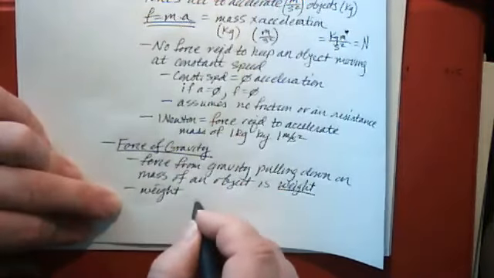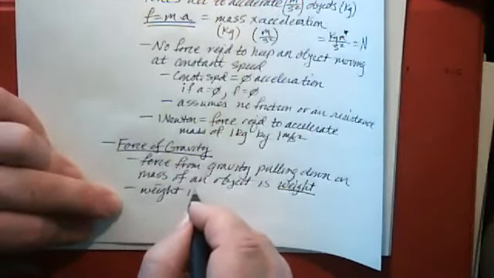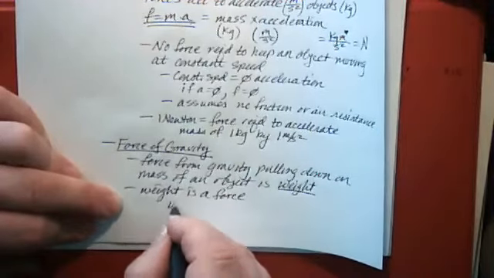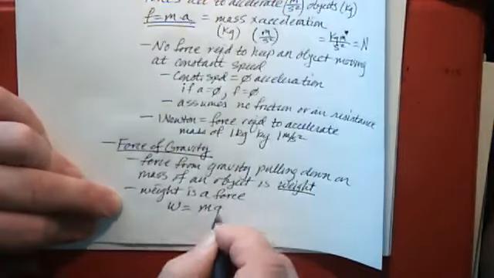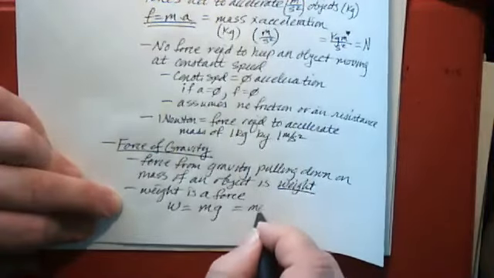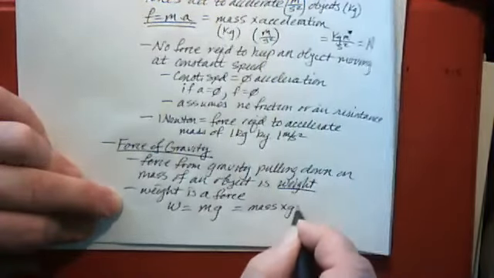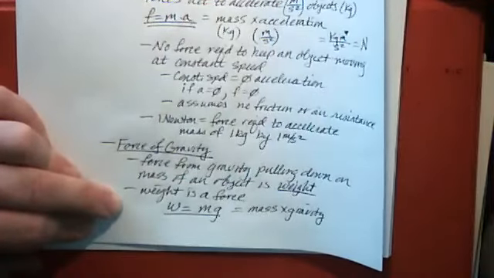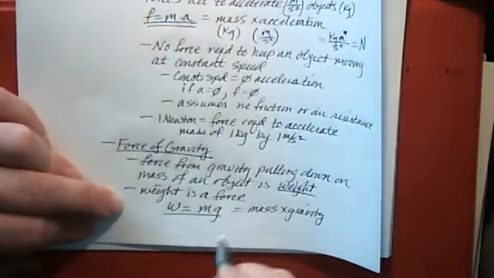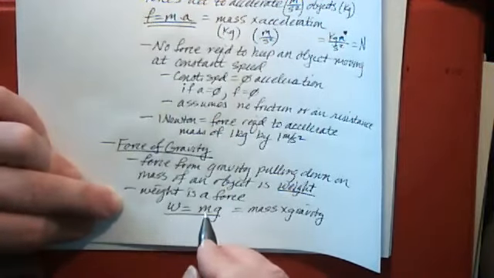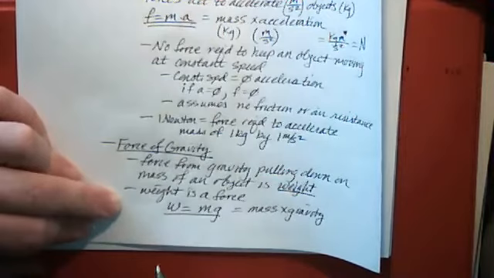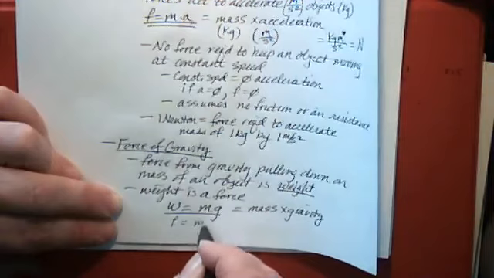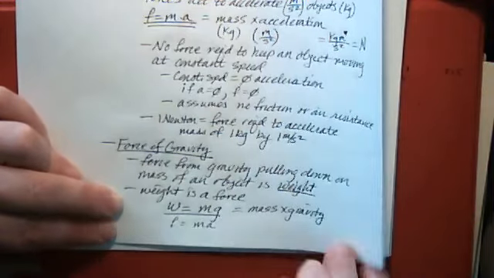And so as a result of this, weight is a form of force. And the equation for weight is given as W equals mg. That is, weight equals mass times gravity. This is analogous to the equation for force, which is F equals ma.